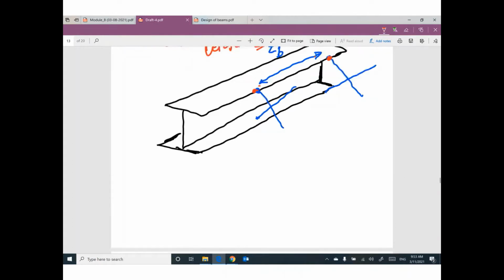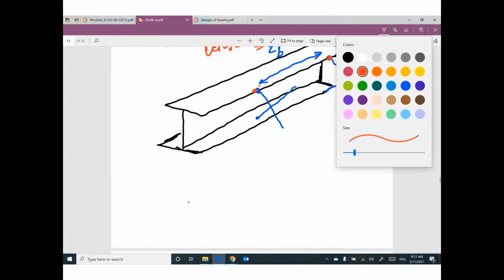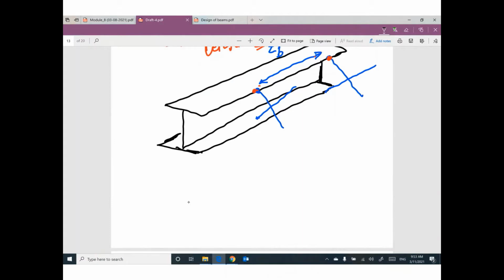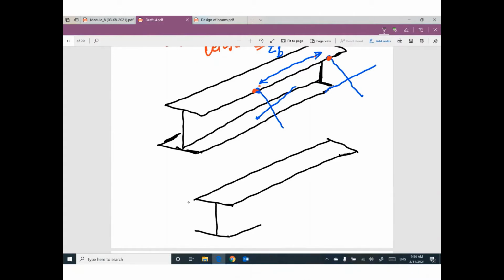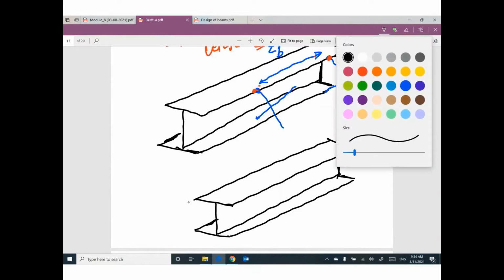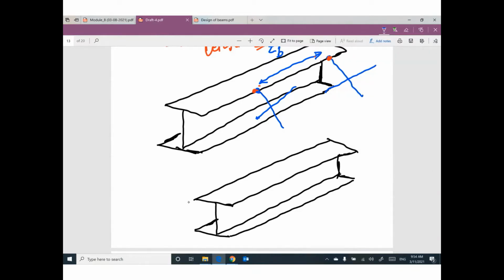I have another question. What will happen if you have steel beam, and this steel beam is connected to concrete slab?